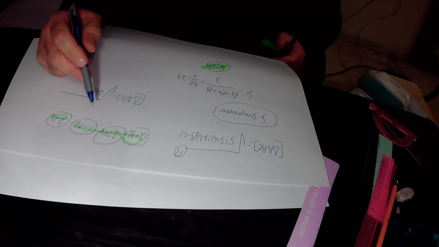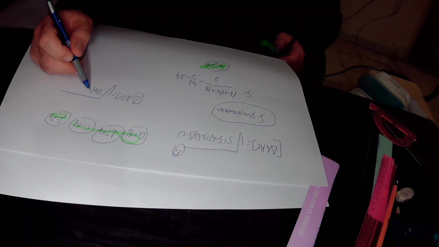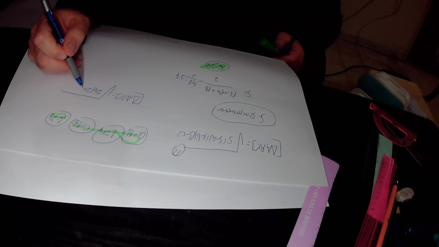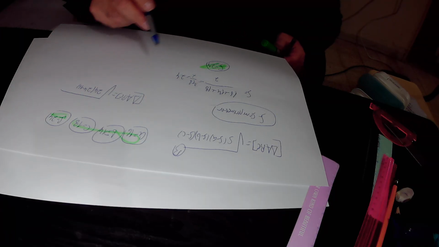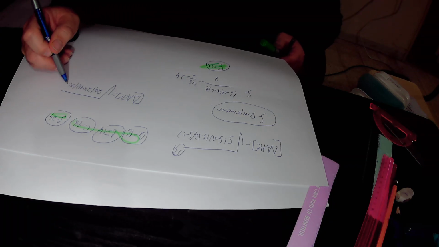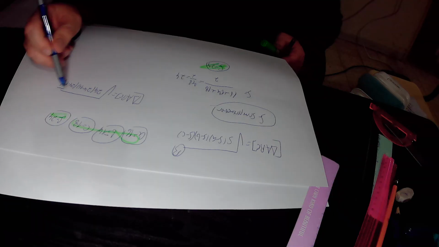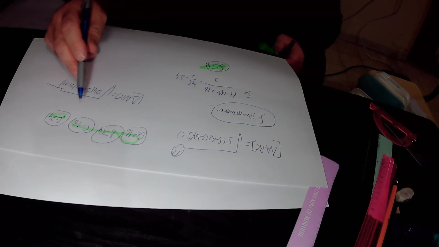Times S minus A. S minus A is 24 minus 16. Times S minus B. S minus B is 24 minus 14. Times S minus C. S minus C is 24 minus 18.